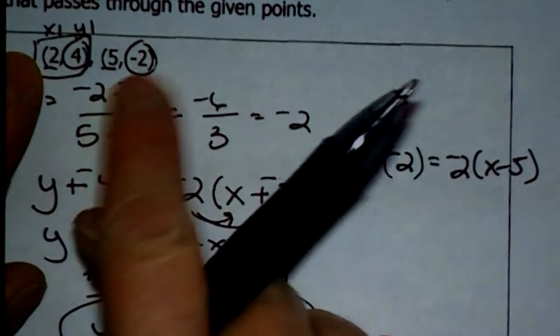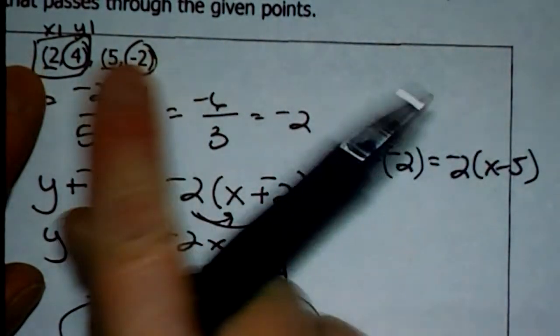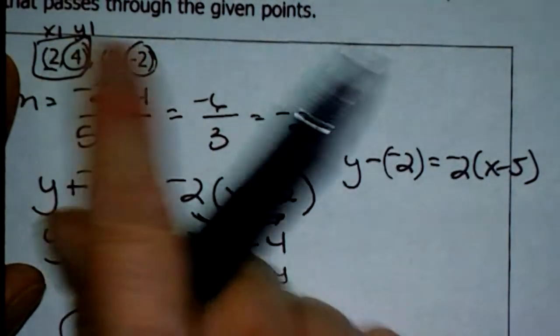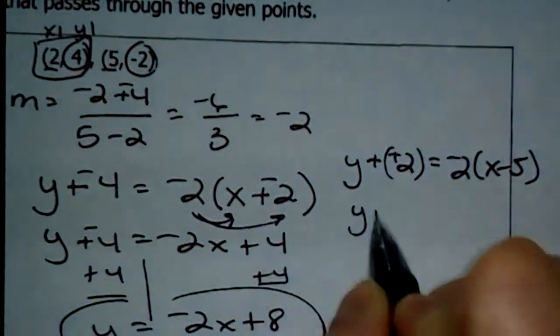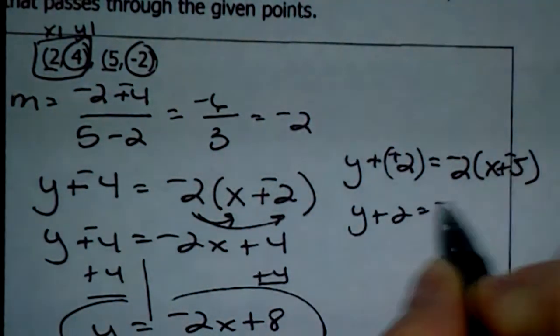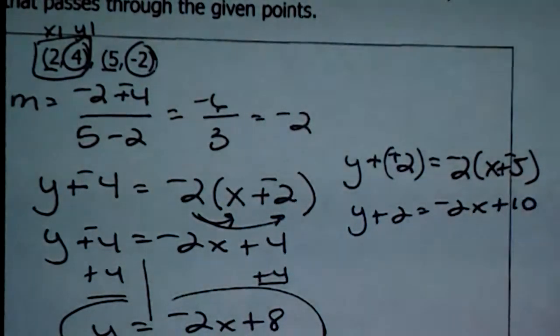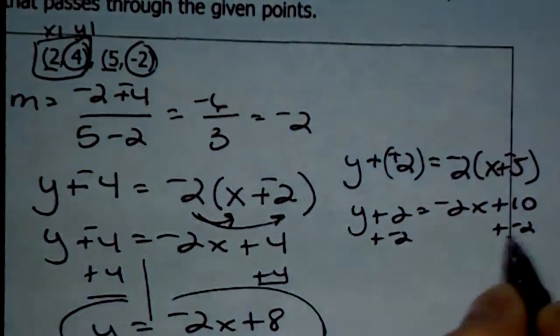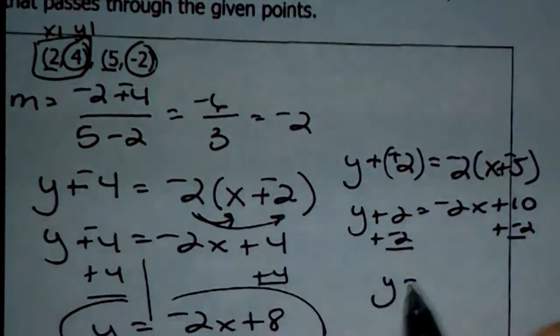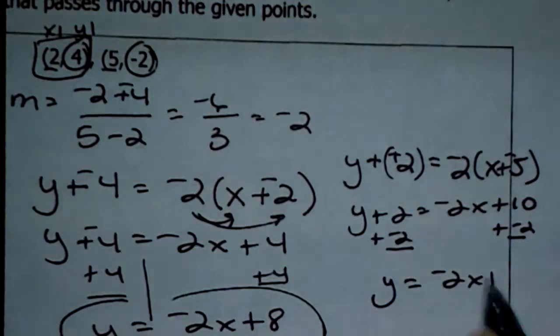You can't take one from each. You have to either take this point or this point. So this really means y plus 2, right? So y plus 2 would equal negative 2x plus 10, and then we would get rid of that 2, and I'd end up with y equals negative 2x plus 8.